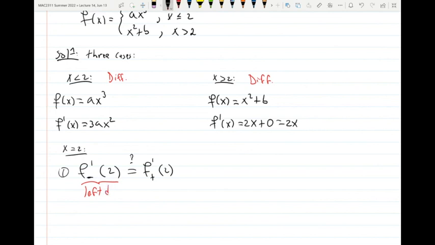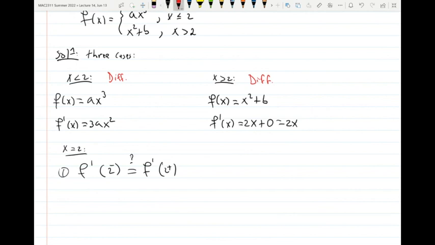It's probably easier if I write it like that. It's closer to what you're used to with the limit, right? This would mean left derivative at 2, and this would mean right derivative at 2.